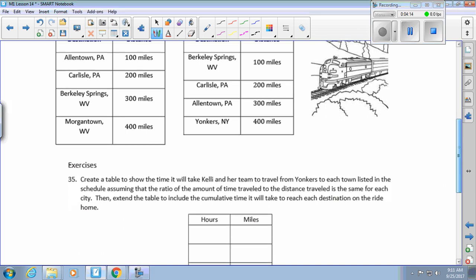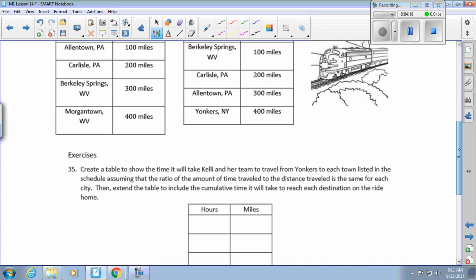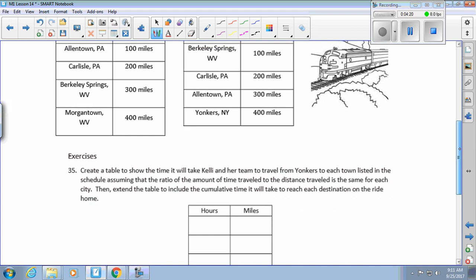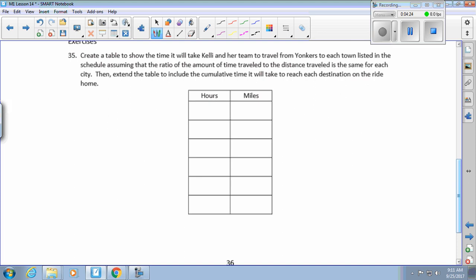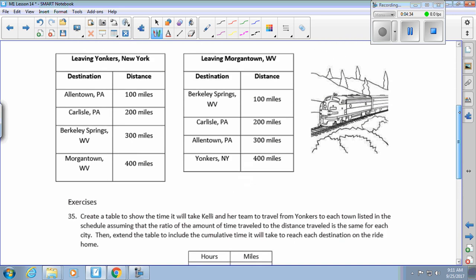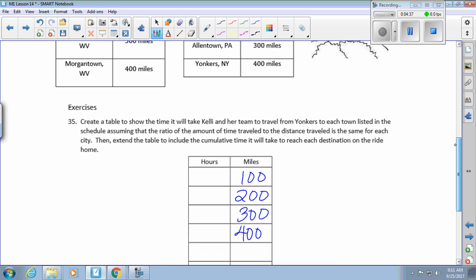All right, so let's go ahead and put this info in our chart. So the first amount of miles they have us going is 100 miles. So 200 was the next one, 300. Oh, no, you're not there yet, are you? Yeah, 400 miles it said. Yep, so you got there. Now you're turning around.